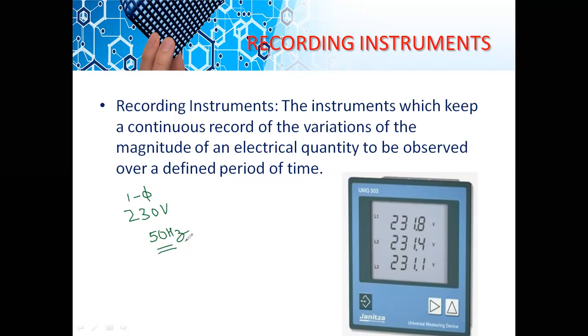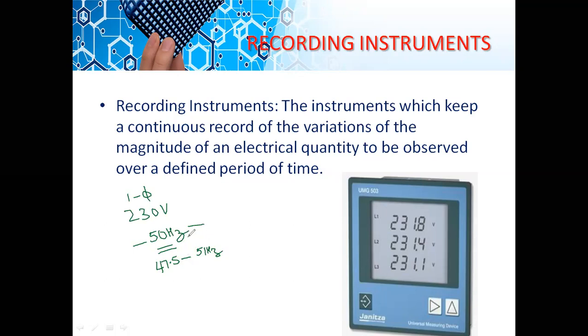They will work for 50 hertz power supply with a certain tolerance of 5%, which means 5% of 50 hertz. Say for example, it is nearly around 47.5 to say around 51 hertz. Just an example. This is the tolerance range where the change in frequency is acceptable for our applications.